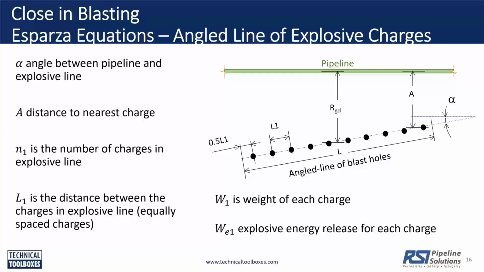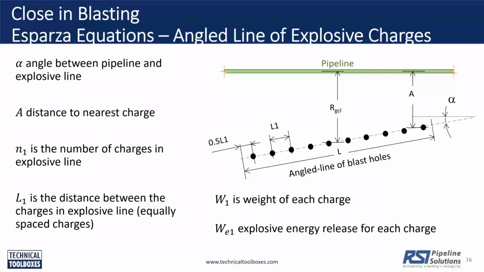The example that you see here shows a line source that makes an angle with respect to the pipeline. And this slide basically explains the different geometrical parameters that define the line source, right?